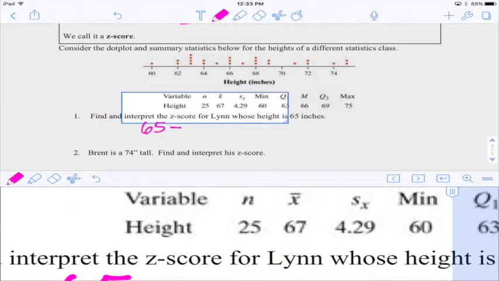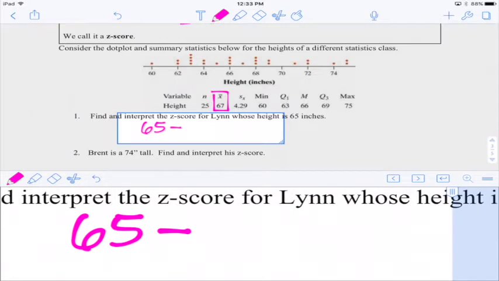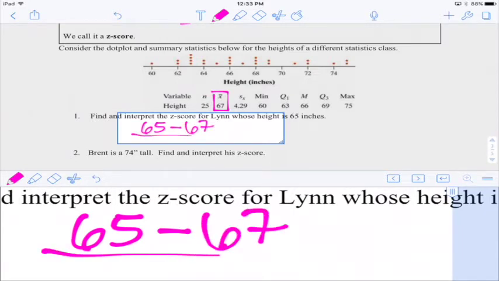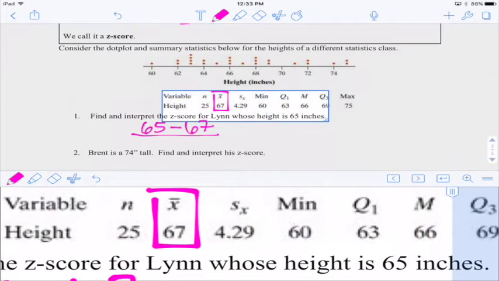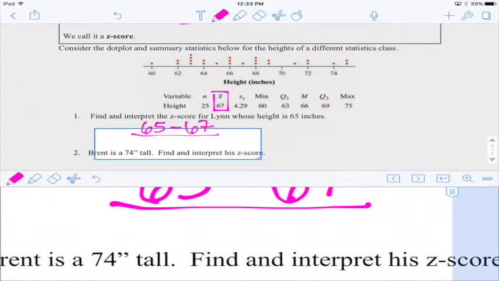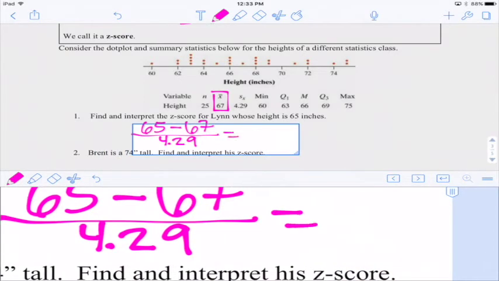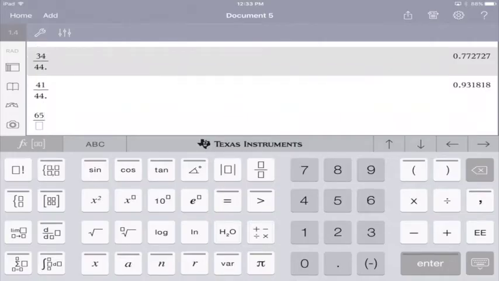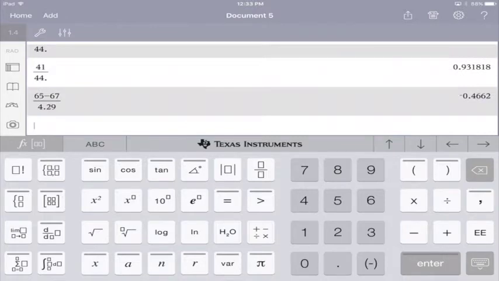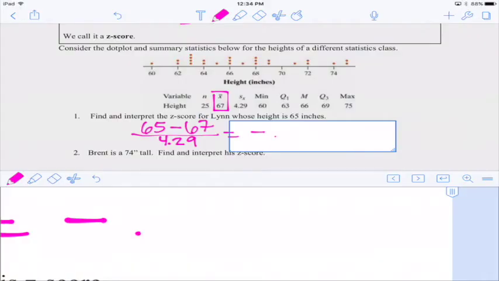The mean is right here, 67, divided by the standard deviation, which is right here, 4.29. And we use our calculator to get that decimal. So it's negative 0.4662.